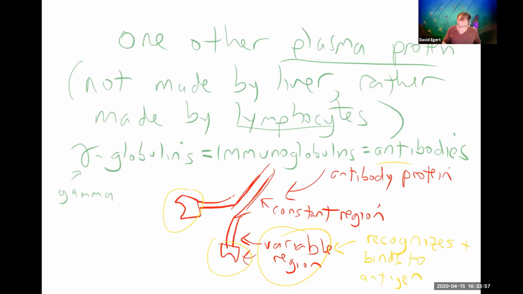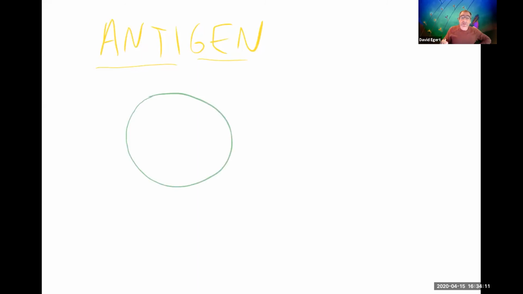So let's talk about antigen. Antigen comes from antibody generating. So antigen can be anything with a particular shape. Let's say I've got some virus or bacteria, and we can even give it a little crown.